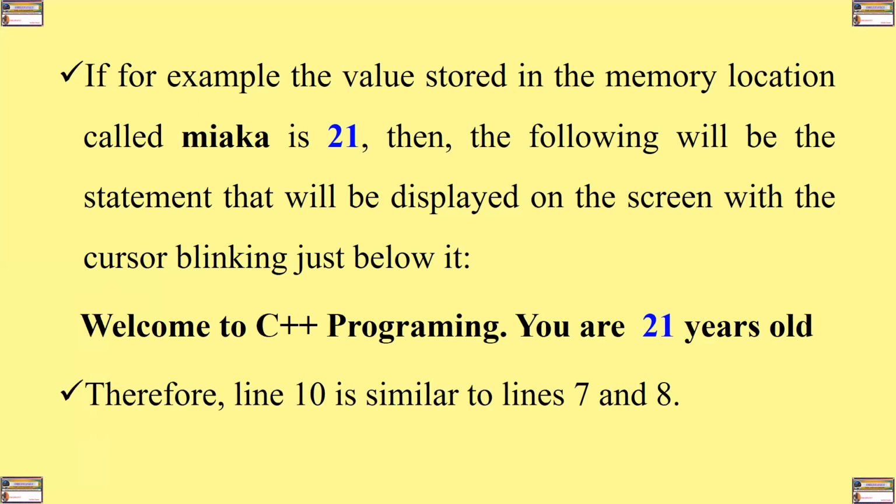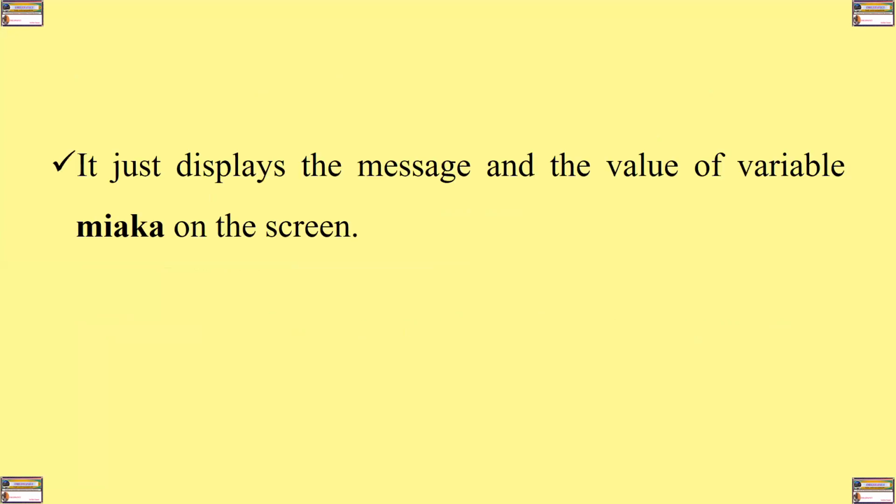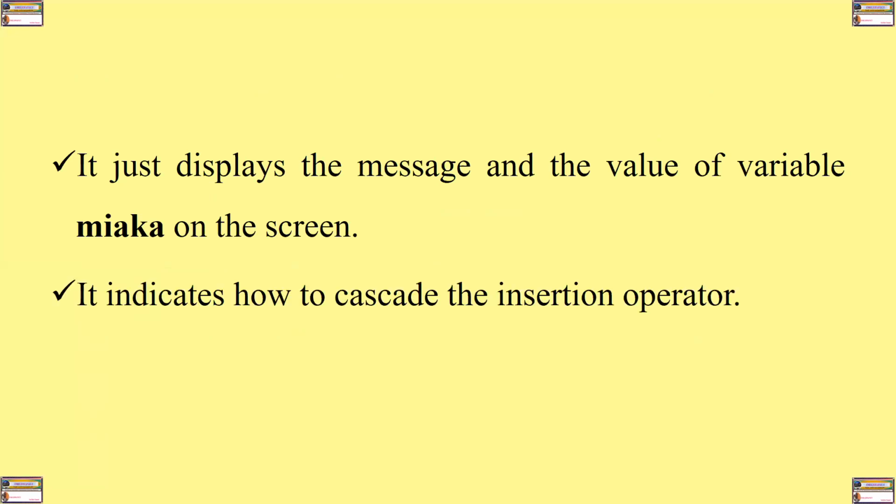Therefore, line 10 is similar to lines 7 and 8. It just displays the message and the value of variable miaka on the screen. It indicates how to cascade the insertion operator.